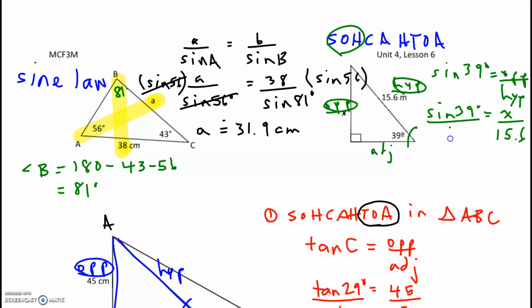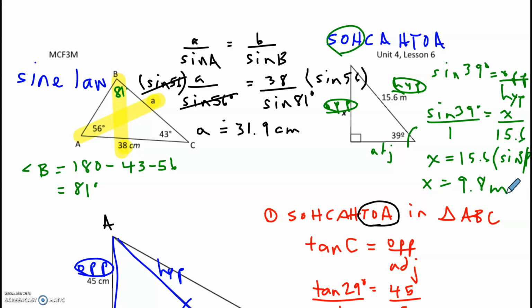Okay, we'll put sine 39 over 1 and cross multiply. So 1 times x is x, and then 15.6 times sine 39. I don't know if I'll be able to fit it in here. Squeak it in. Okay, and then we'll put it in our calculator. So 15.6 times sine 39. I can hardly read my writing. I apologize, guys. I got 9.8 meters.